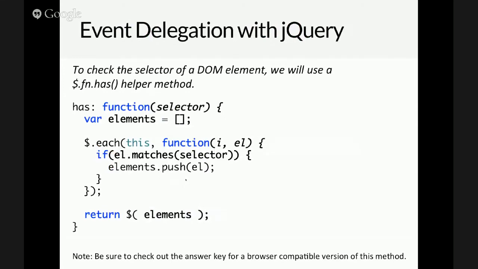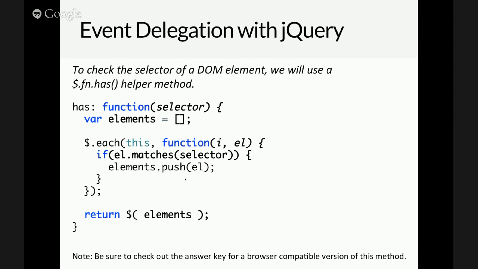So I'm going to implement, well, we've already implemented it here, but I will basically rewrite this code in my version of jQuery. jQuery has a has method that returns the items in the collection that match a CSS selector.